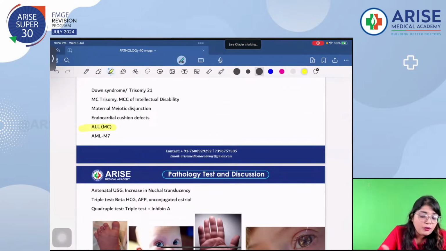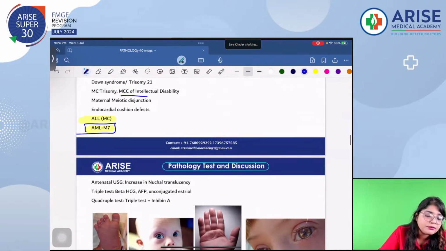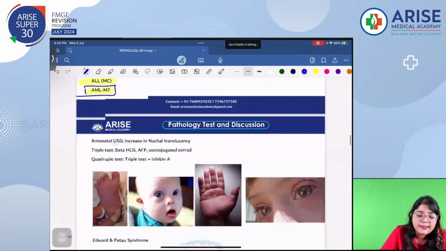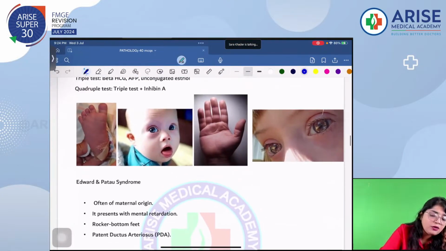Most common form of leukemia involved in Down syndrome is ALL, and most specific, remember, AML M7 is very specific to Down syndrome, right? This is the most common cause of intellectual disability, and maternal meiotic nondisjunction is the most common cause, right? Because of increased maternal age. And you see in these images the sandal toe.